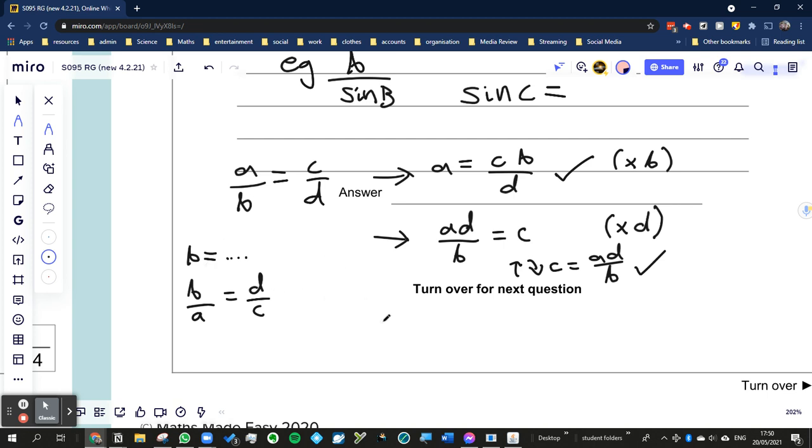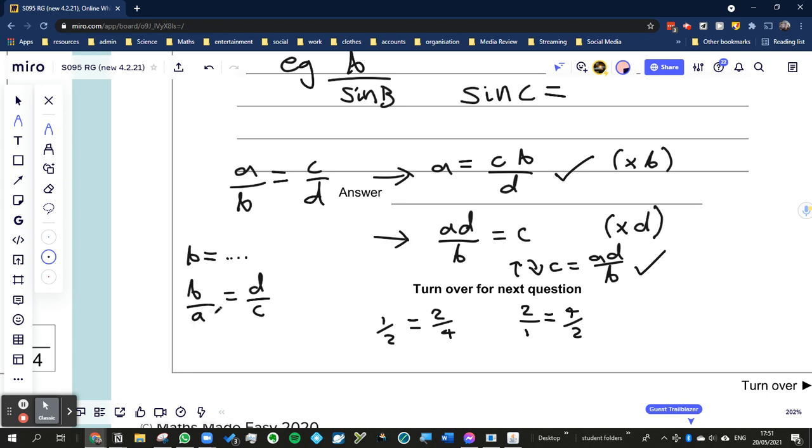We can look at an example of this. We know that 1 over 2 is equal to 2 over 4. If I flip the left, I get 2 over 1, and I flip the other side, and we've got 4 over 2. You can do that with any numbers, and you'll see that if I flip the left, I can flip the right.